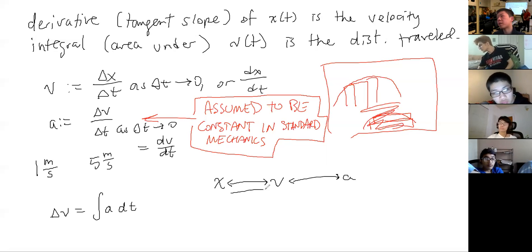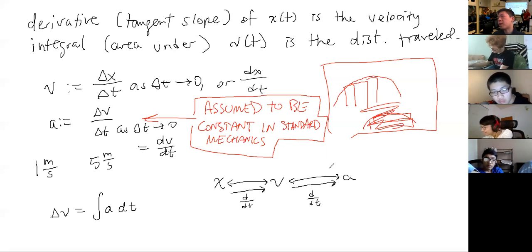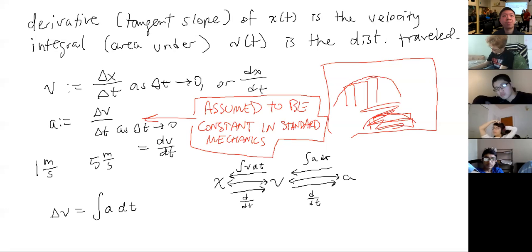To get from x to v, we take the derivative. And then to get from v to a, you also take the derivative. Now for the other direction, if you want to get from a to v, you take the integral of a dt. And if you want to get from v to x, you take the integral of v dt. All right.